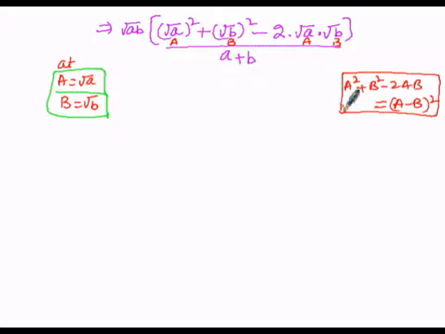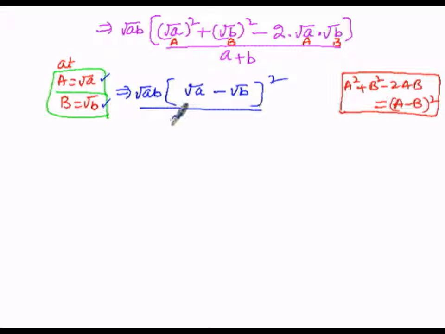So the next logical step will be: that implies root ab into, since it is in the form of a square plus b square minus 2ab, we have to write it as a minus b whole square, but a is root a and b is root b, whole square overall divided by a plus b.